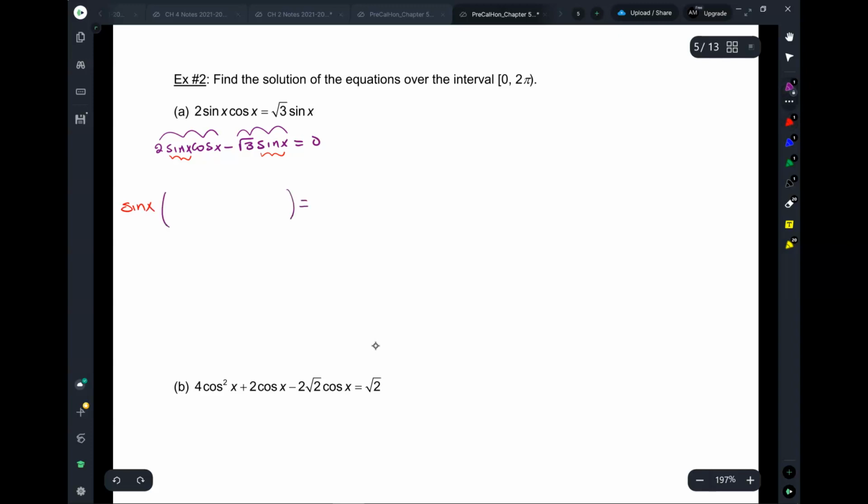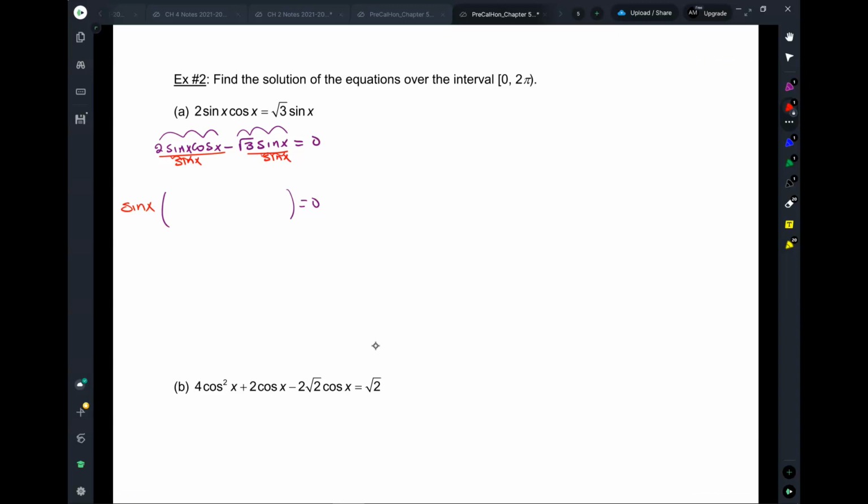Remember, this is where lots of students run into trouble. Remember, in math, when you factor out a term, you're dividing each term by that thing that you're factoring out. So mentally do that.